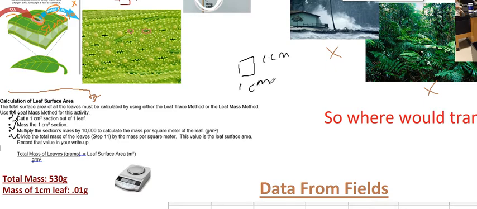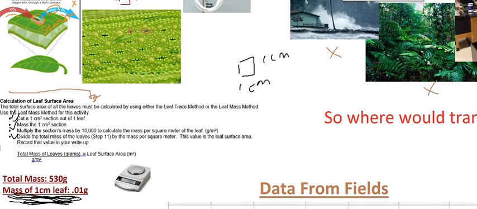Now, my experience has been that the mass of that 1 centimeter section of the leaf is generally about 0.01 or so grams. That's the mass of that section. Now, with that in mind, we took all of the leaves off and we put all of the leaves on our balance.